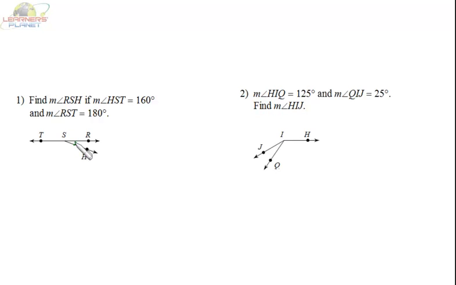That means we have to find out this. Suppose it is X and we have been given HST as 160 degrees. That means this angle is 160 degrees. Now if this complete angle is 180 degrees and this is 160 degrees, then the remaining part will be 20 degrees. So X is equal to 20 degrees.